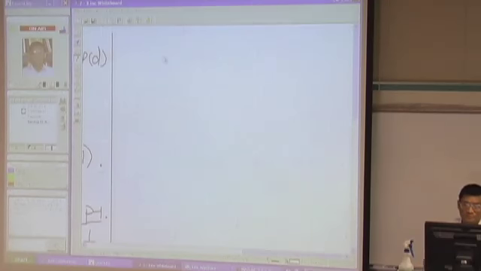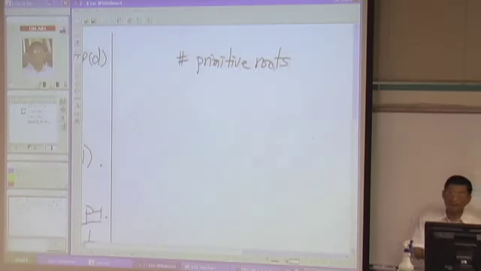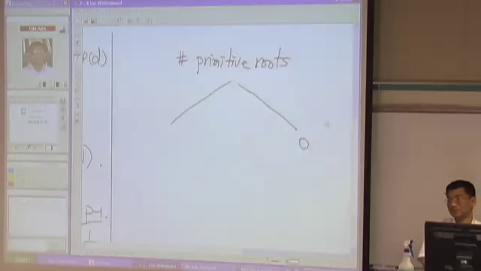Primitive root, the number of primitive roots, right? The number of primitive roots can be counted if it exists, right? If it exists. If it doesn't exist, automatically 0, right? Because it doesn't exist.